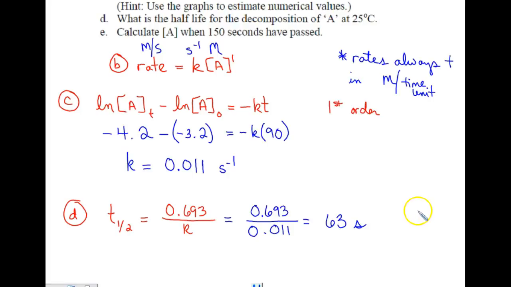Now, you could also find this by estimating values on your graph, but this is a whole lot easier. And then the last thing they want you to do is to calculate the value of A when 150 seconds have passed. Well, now that we know our value of K, and we have our initial concentration, we can just plug in and solve.